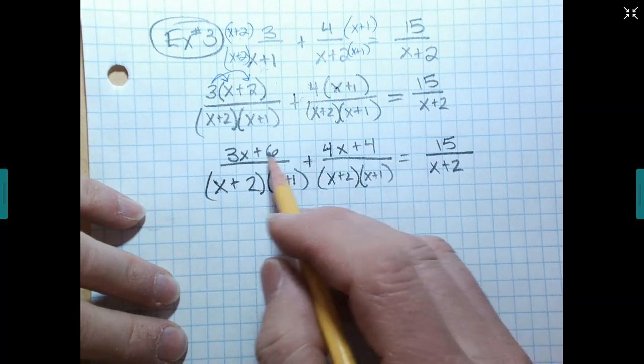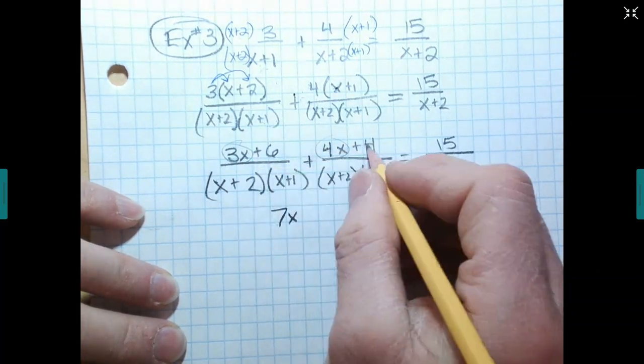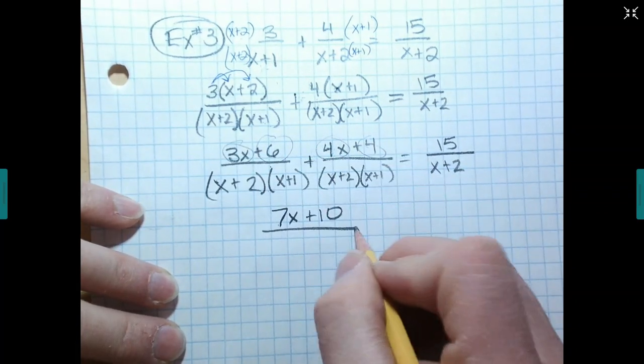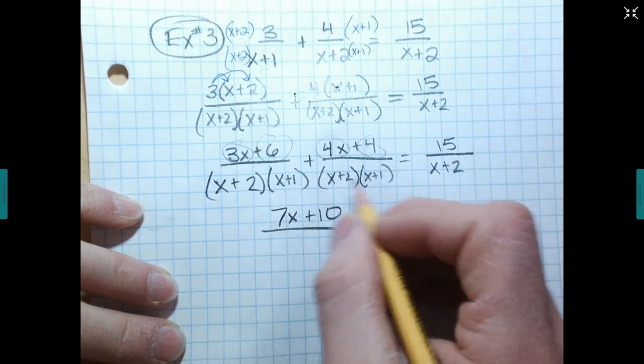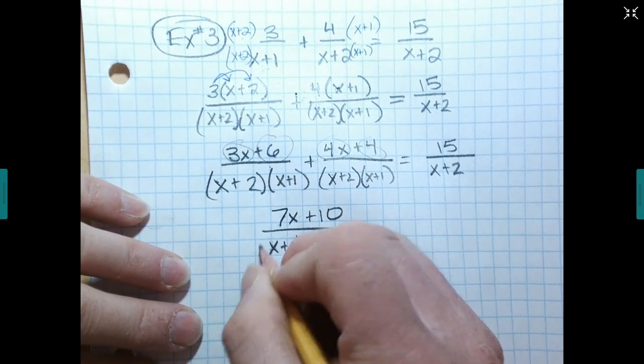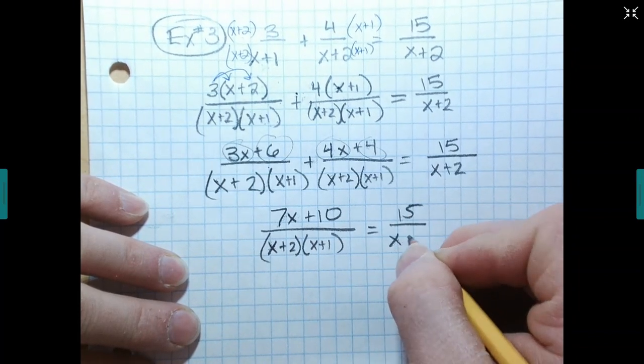Now let's add these. I have my like terms: I have a 3x and a 4x, so I have 7x, and 6 and a 4 is 10, over, because these are my common denominators, x plus 2 times x plus 1, equals 15 over x plus 2.